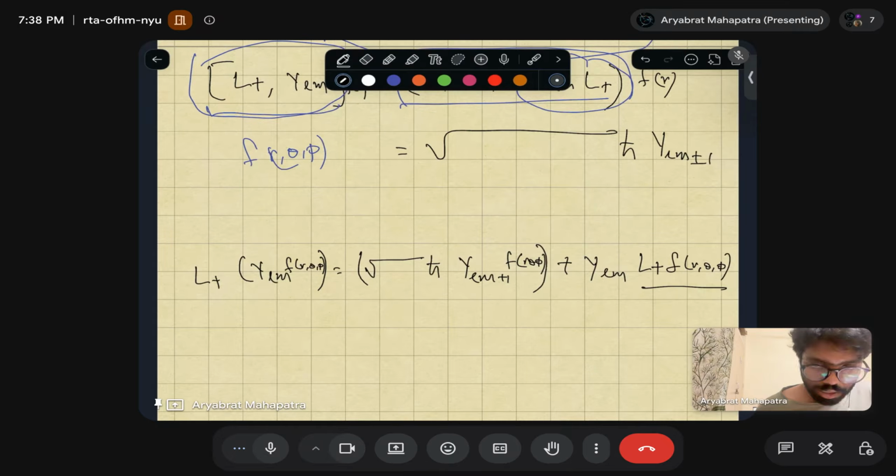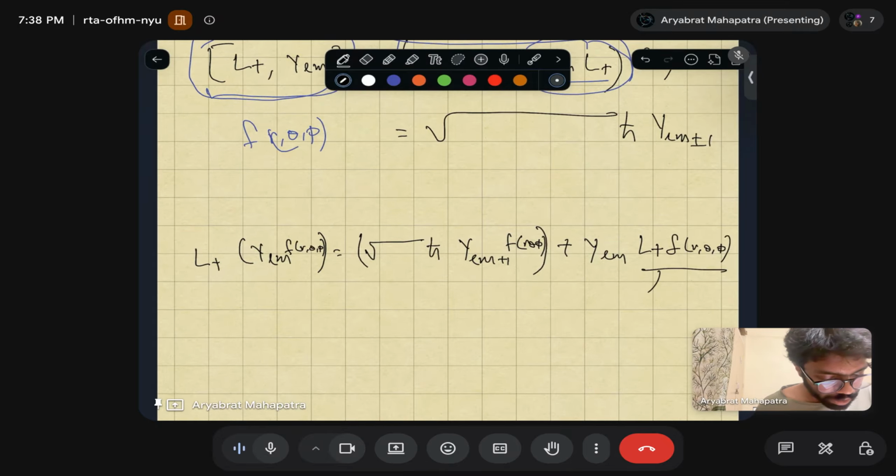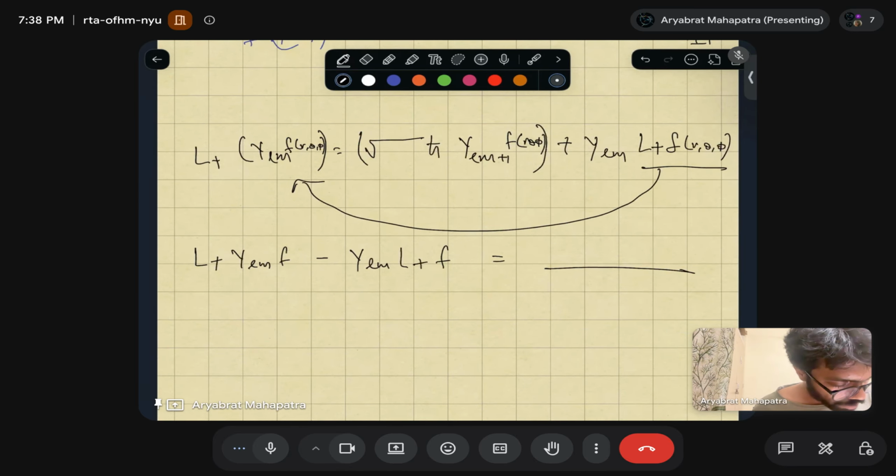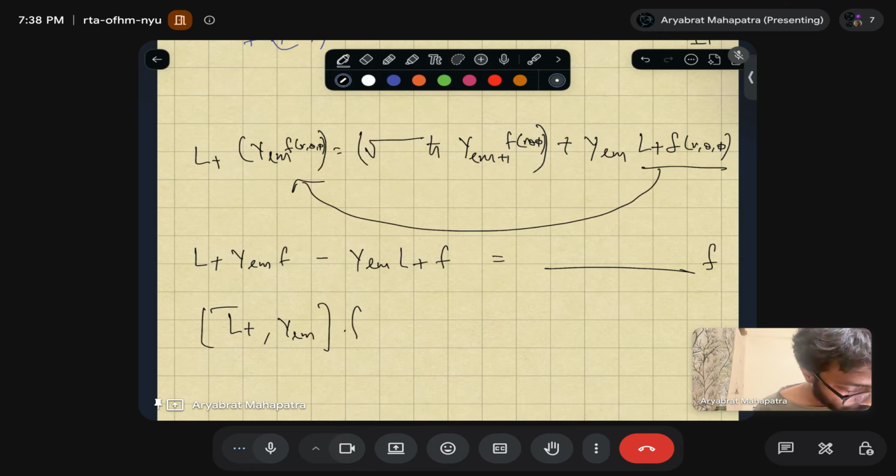So if you bring this to the left hand side, this will be L plus Y_lm f minus Y_lm L plus f. Whatever you have with f, this becomes the commutator of L plus and Y_lm acting on f.